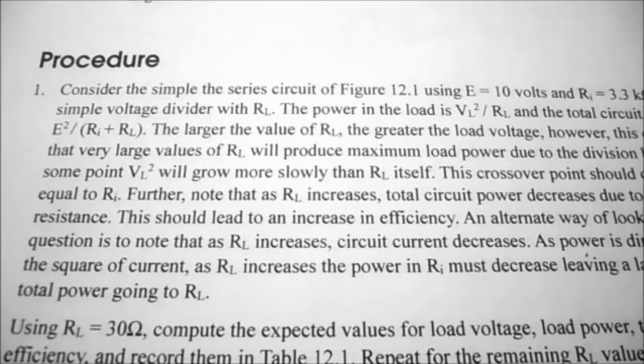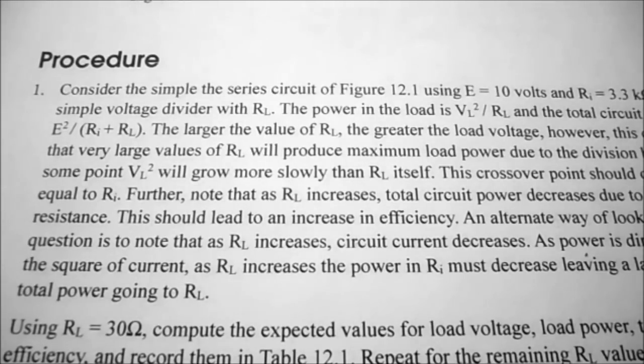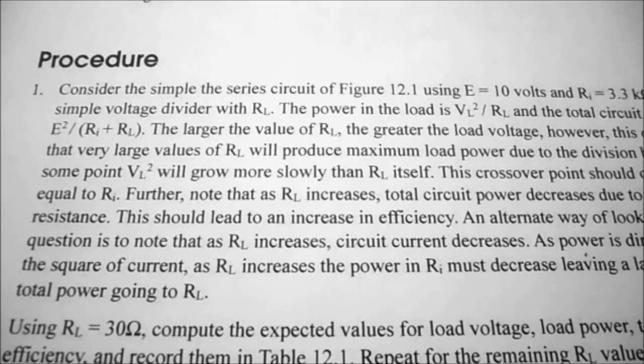However, this does not mean that a very large value of RL will produce maximum load power, due to the division by RL. That is, at some point, VL squared will grow more slowly than RL itself. This crossover point should occur when RL is equal to RI.